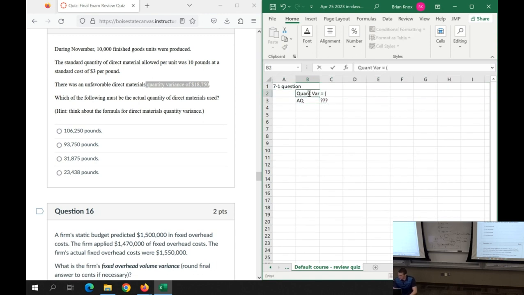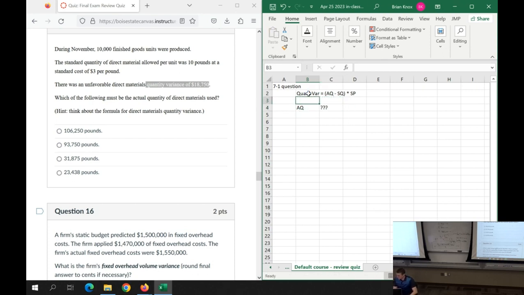Quantity variance equals, okay, what's quantity variance? The lever we have to pull inside the parentheses is actual quantity minus standard quantity, times, let's see where it is in the mountain range here. We've got price variance over here near actuals. So we've already moved to standard prices. So these two are varying on the quantity, actual versus standard quantity, but they're already at standard price. That's the quantity variance equation. Or if you have it in your notes, you could look at it and say, oh, there's the equation right there, if you're doing it that way on the exam.